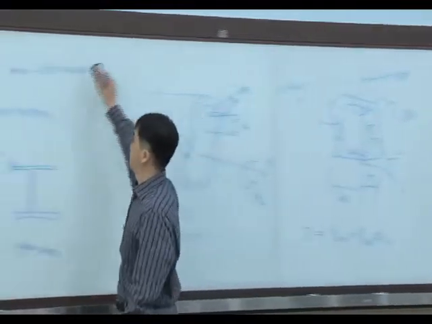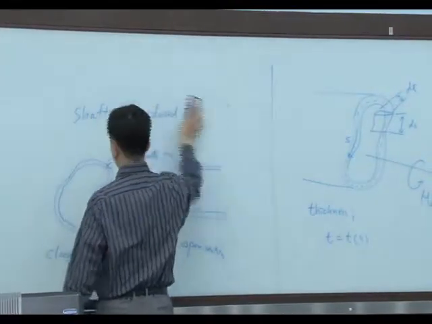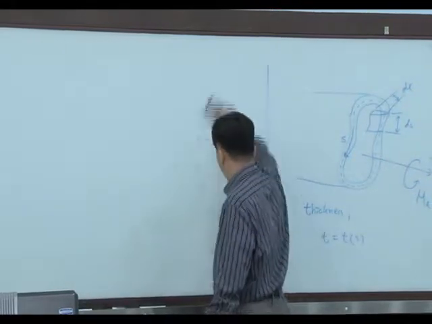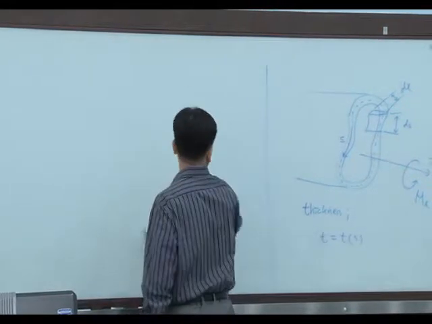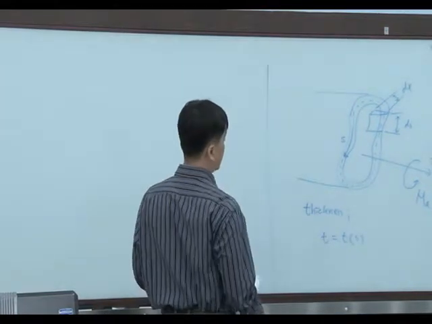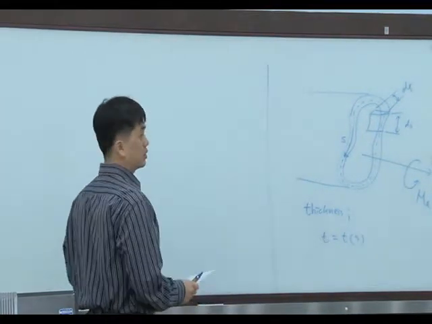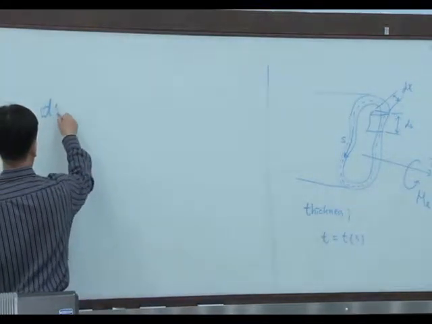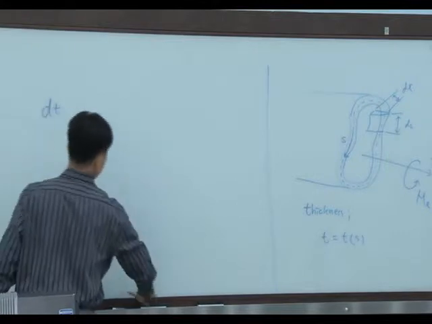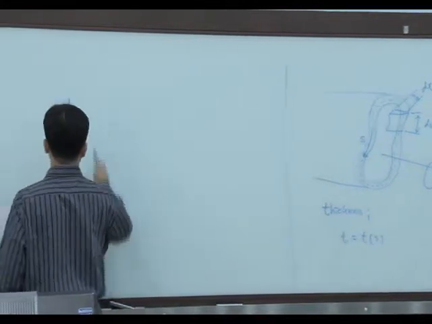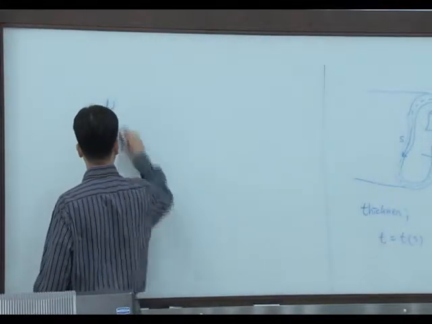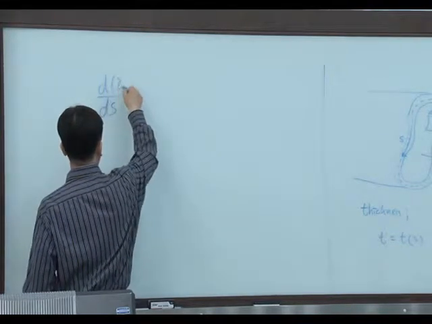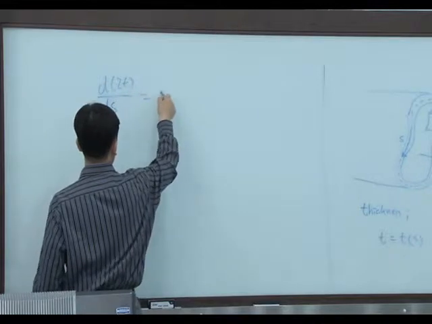So in the thin-walled non-circular closed section case, a very important thing is that d(tau t)/ds equals 0.